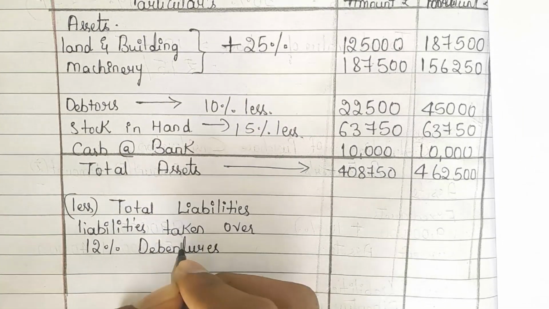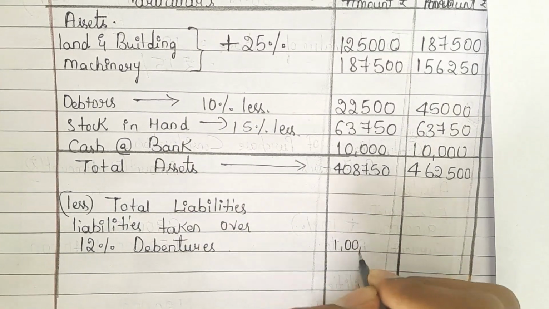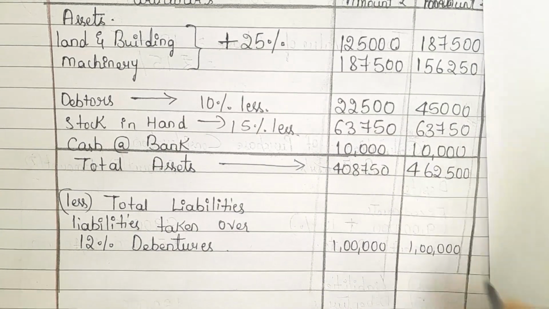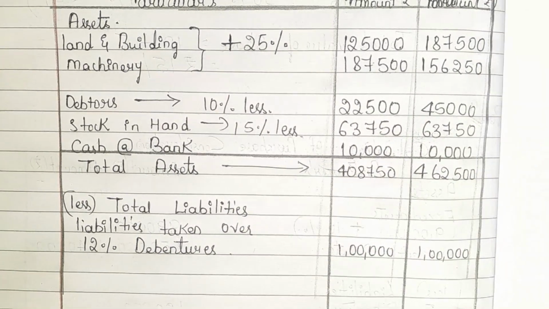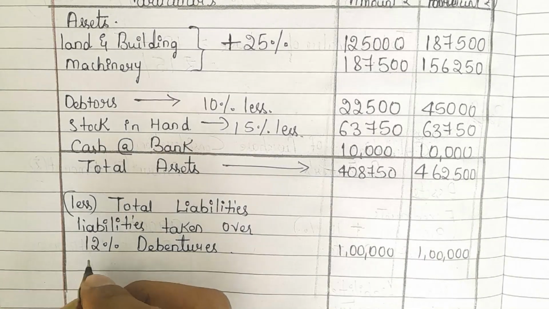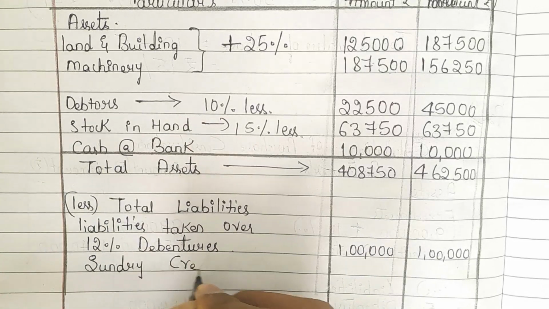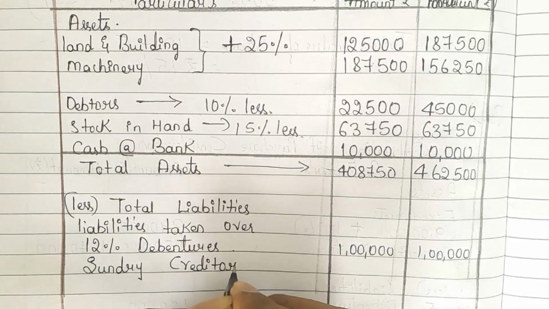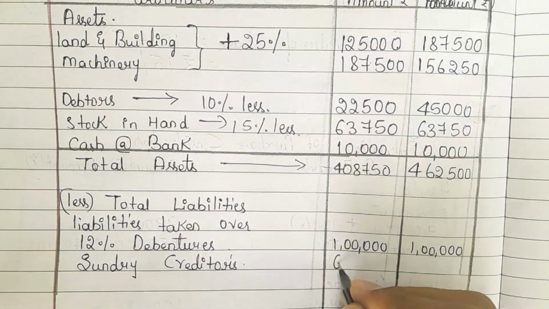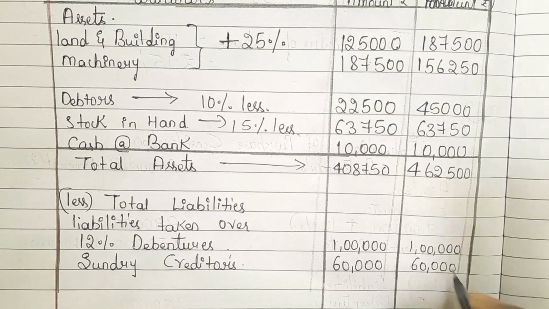How much are the debentures of X Limited company? 1 lakh, and Y Limited company also it is 1 lakh. Next, we have sundry creditors. How much are the sundry creditors of both the companies? Both the companies have a value of rupees 60,000.